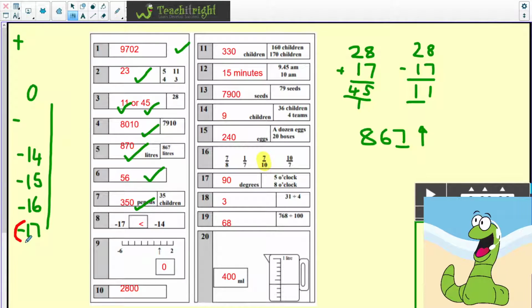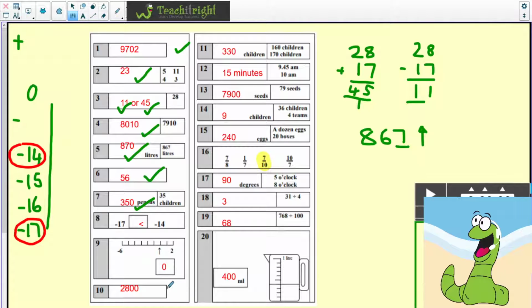Well, of course, minus 17. If you think of it like temperature, minus 17 is a lot colder than minus 14. So the little arrow of the greater than, less than symbol needs to be pointing towards the minus 17. It will read as minus 17 is less than minus 14. So hopefully you've got that one correct.